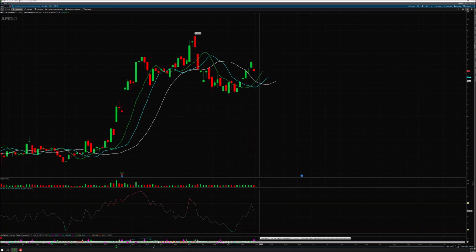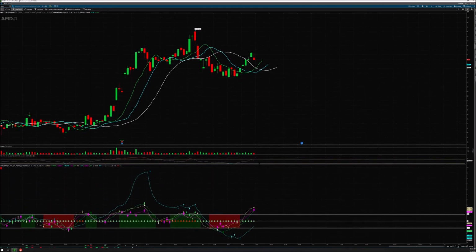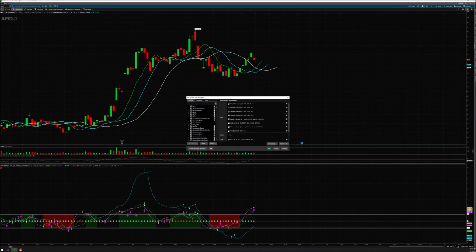It's basically the first three, and this is its indicator here in the bottom. Tastyworks is free; on TOS you had to pay for it.